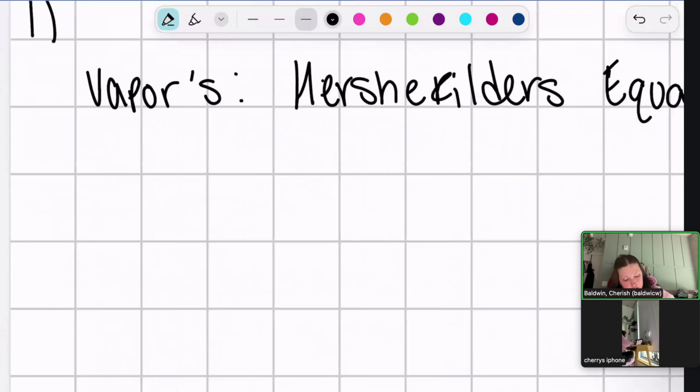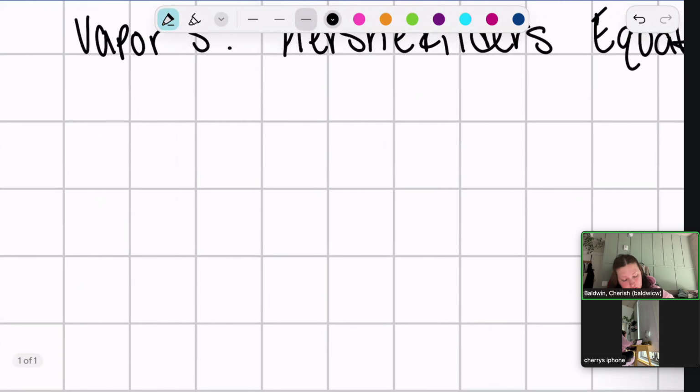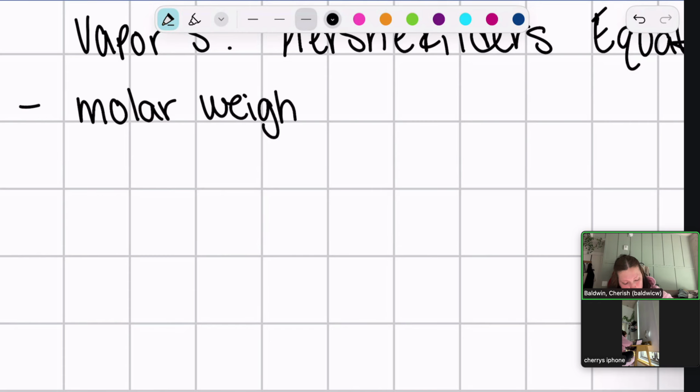This equation is based on the Chapman-Enskog theory, and you use it with the molar weights and the theoretical molar weights and collision diameters.